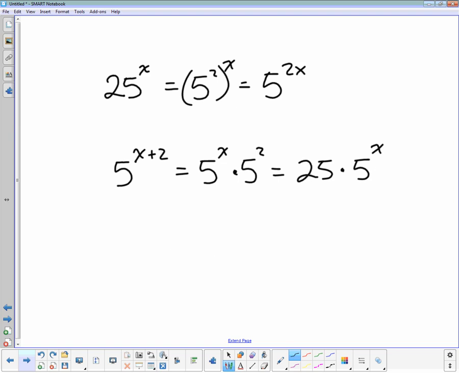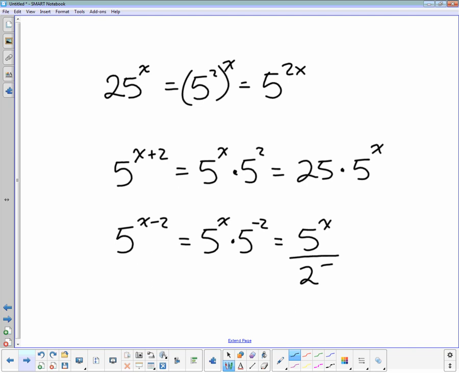For example, you can do that. And that would also work with a negative in front of it. Like that. You can do that.